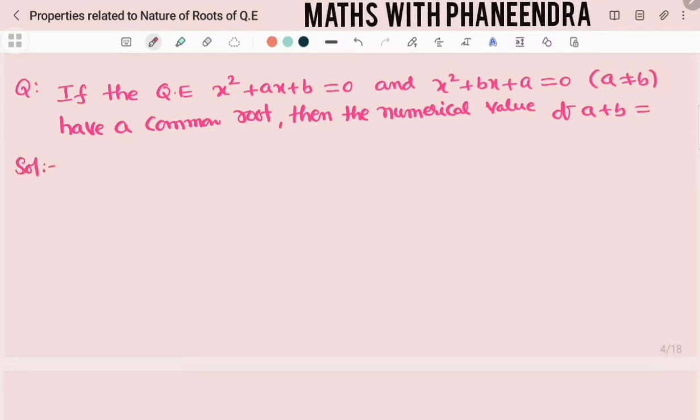Integer type questions like this are common nowadays, so we may expect this type of question.